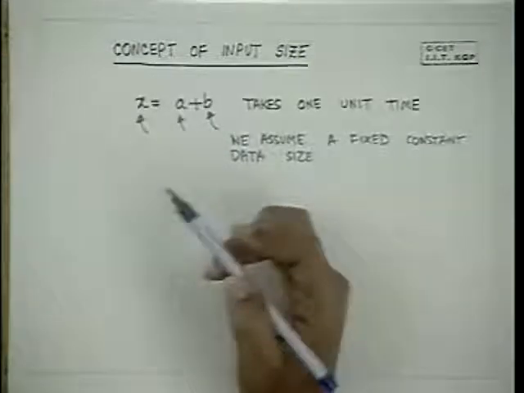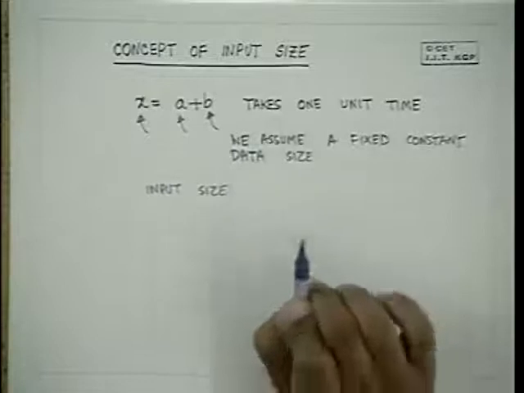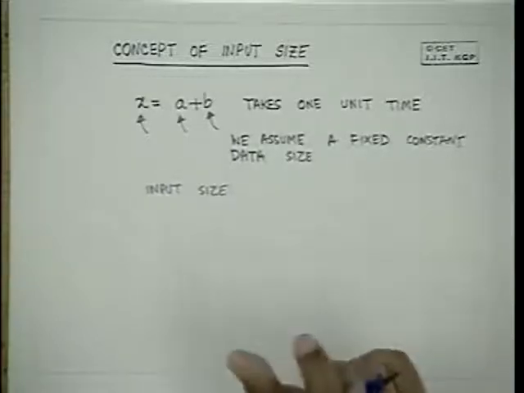Similarly, there will be a maximum limit. In any computer you will see there is a maximum limit on the size of a number. Therefore, when I talk about input size, I know that there is a fixed maximum constant on the size of one input. So the input size, that n, is a function of that fixed constant.